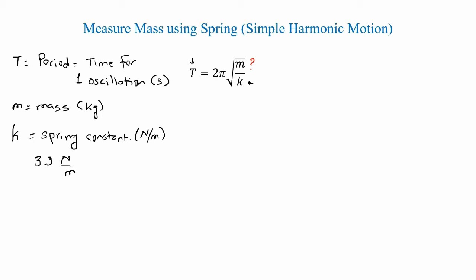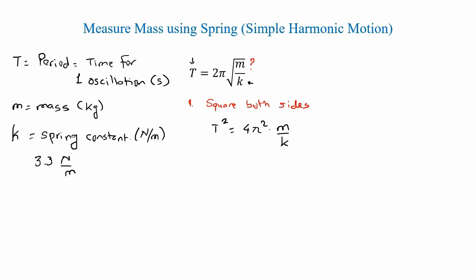Step number 1 is to square both sides. So I would get T squared equals 4 pi squared times mass divided by the spring constant. And now we want the mass to be standing alone, so I would move the 4 pi squared and k to the left.